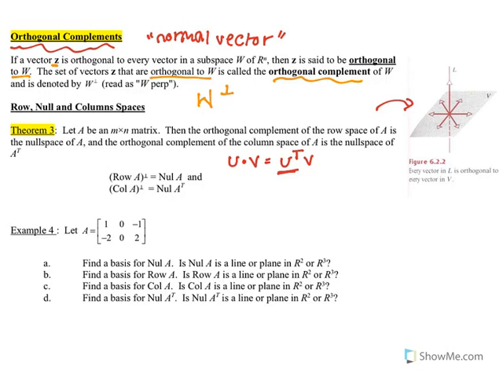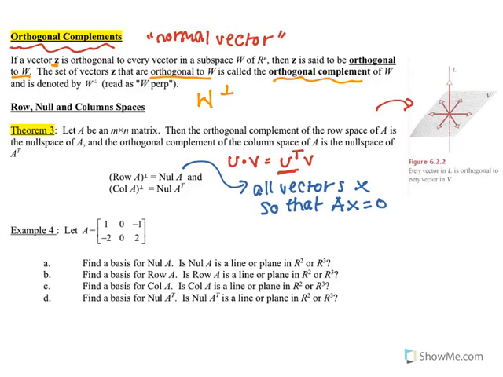Okay, so thinking again, the null space of A would be all vectors. Let me write this down. The null space of A is all vectors X so that when they get multiplied by A, when each X gets multiplied by the rows of A, they get mapped to the 0 vector.